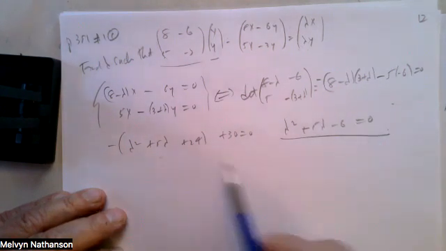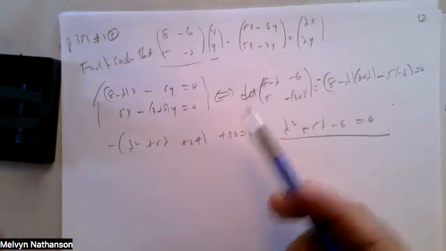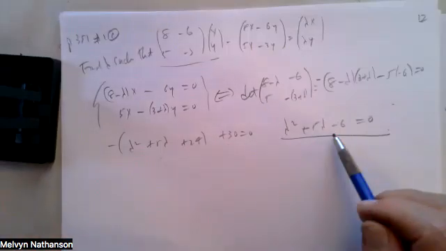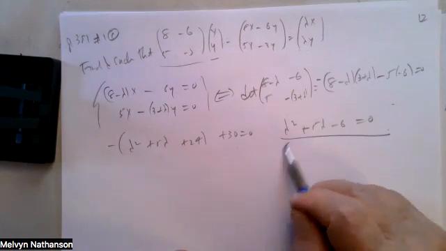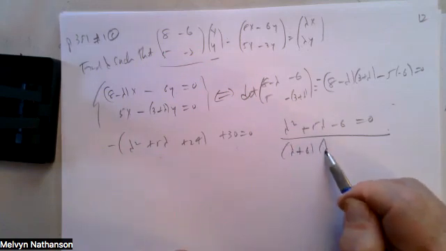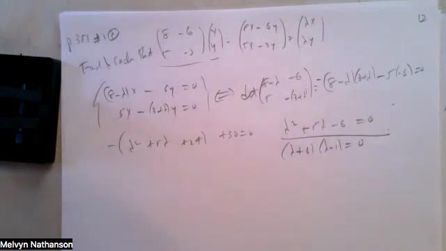We have to solve this. So I'm just doing my high school algebra. This equation, I have to solve it, but again, we're lucky this factors. This is (λ + 6)(λ - 1) equals 0.